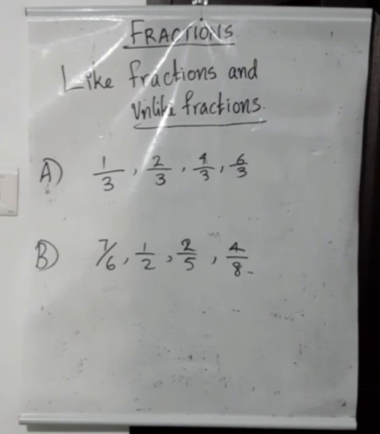And in the second set, B, you have the fractions 7 by 6, 1 by 2, 2 by 5 and 4 by 8. Could you find any similarity or common feature in the first set of examples?